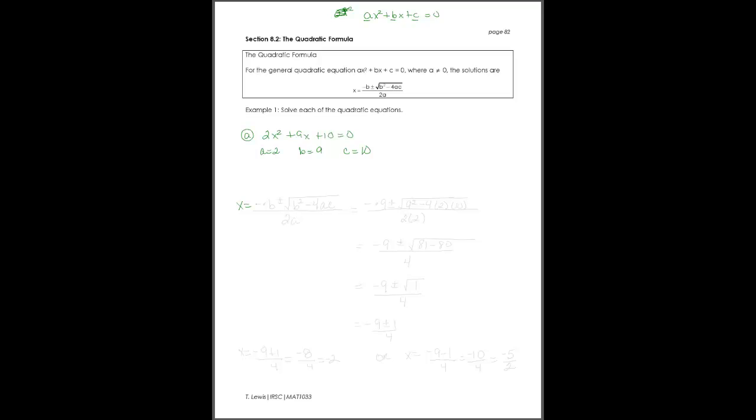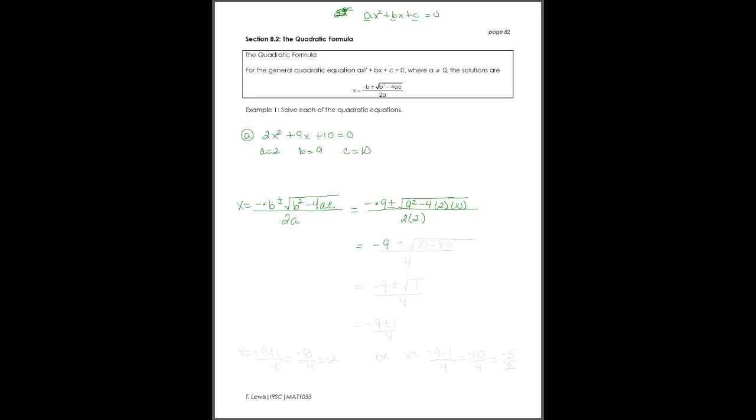X is equal to negative B plus or minus the square root of B squared minus 4 times A times C, all over 2 times A. So we're going to plug those values in for A, B, and C. We're saying X is equal to negative 9 plus or minus the square root of 9 squared minus 4 times 2 times 10, all over 2 times 2.